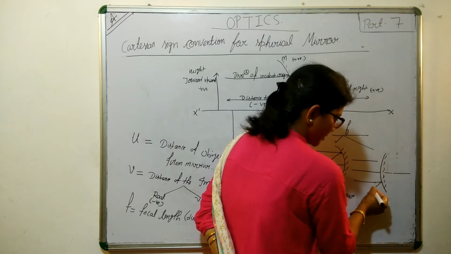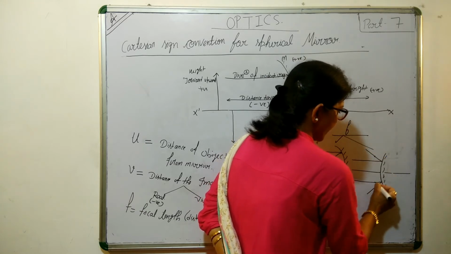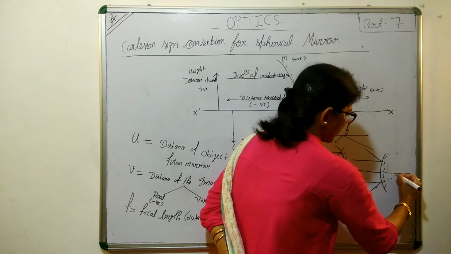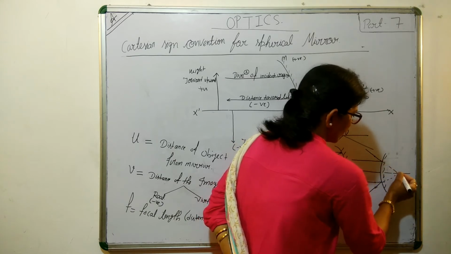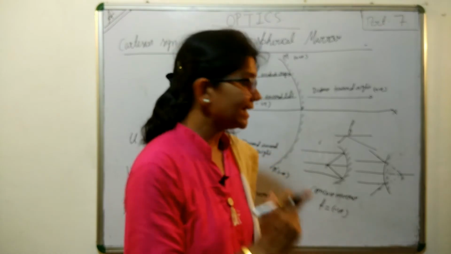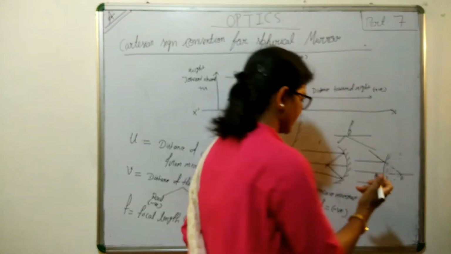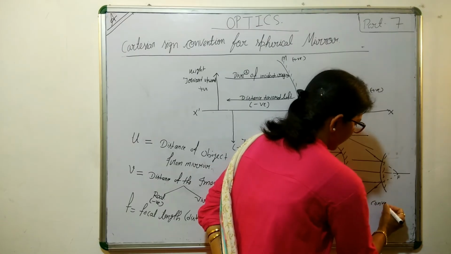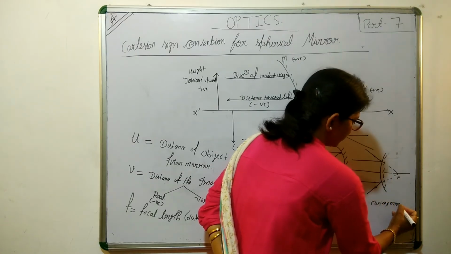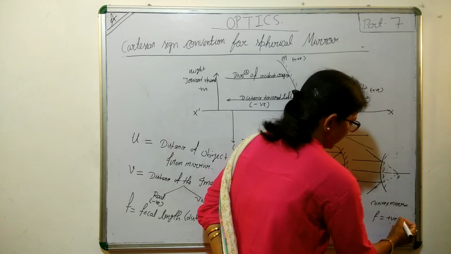After reflection, they diverge like this. So we have to drag them behind the mirror and we get them meeting at this point, and it was your focus. So in case of the convex mirror, the focus lies behind the mirror, so f is always positive.